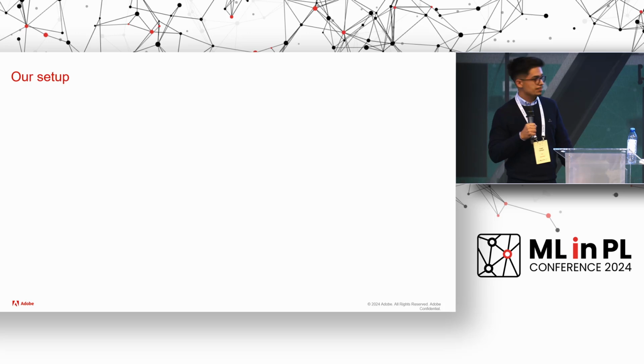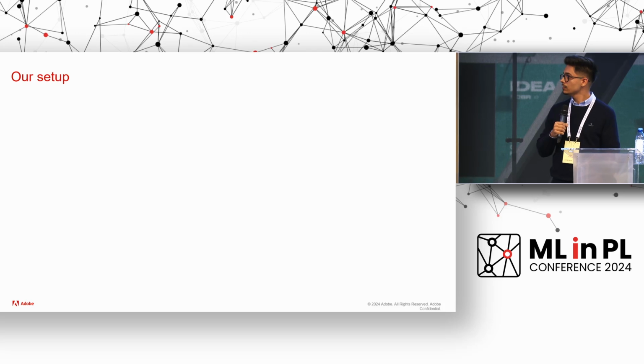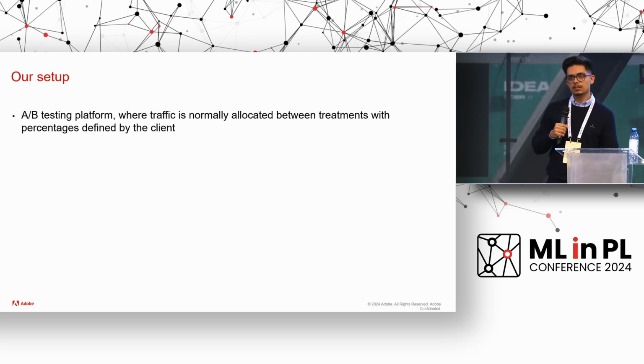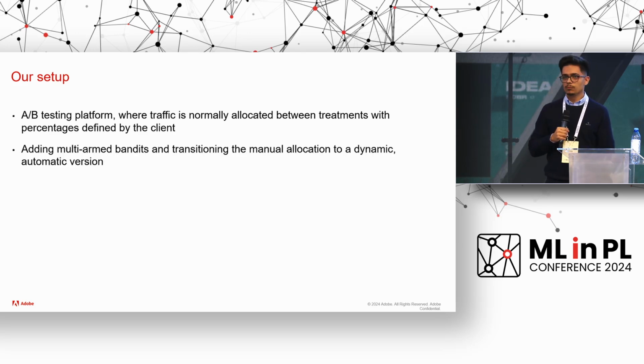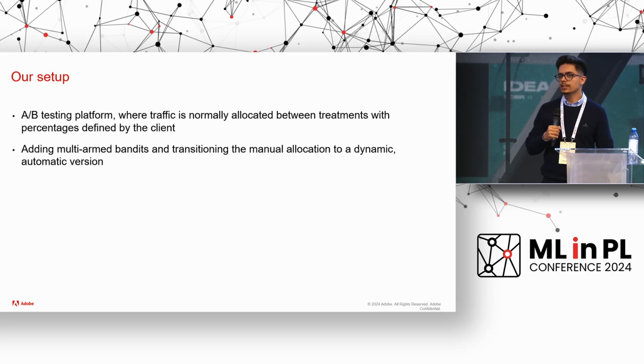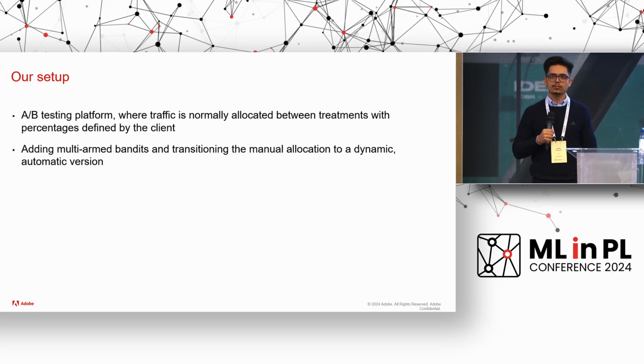So our setup and what we had before we started prototyping multi-arm bandits was an A/B testing platform where traffic is normally allocated between these treatments or options with percentages defined by the clients of this platform. And what we basically wanted to achieve is adding multi-arm bandits and transitioning the manual allocation to something dynamic in order to facilitate this for our customers.